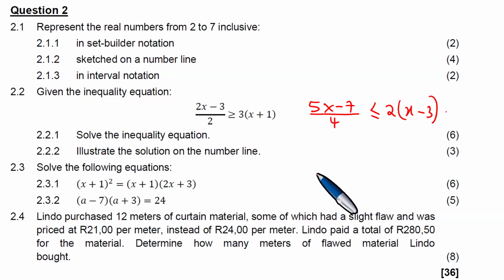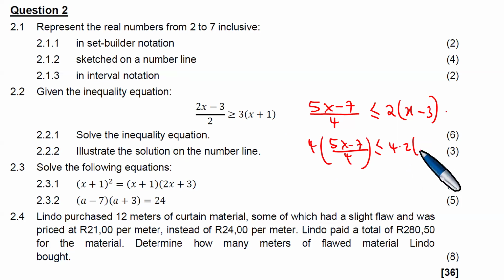Okay, that's fine. It's 4 and then open brackets, 5x minus 7 out of 4, multiplied, less or equal to 4 multiplied by 2 in brackets x minus 3.